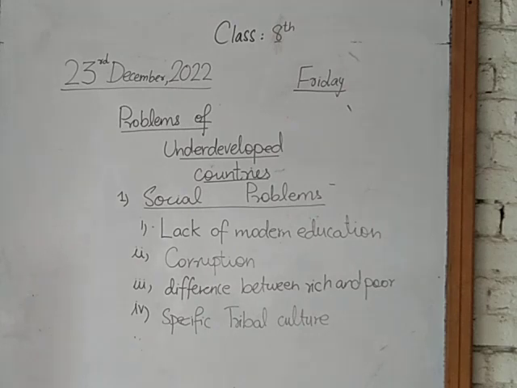As I have already told you about corruption, if there is one person who is doing corruption again and again, he is making more money, while the poor, who cannot even get his due right, becomes poorer. So the rich are becoming richer and the poor are becoming poorer. This is another social problem that is present in underdeveloped countries.